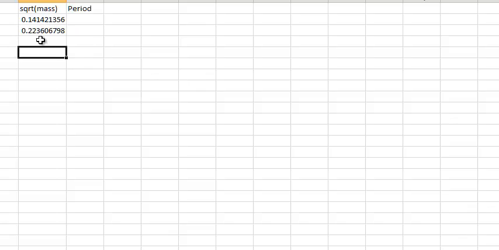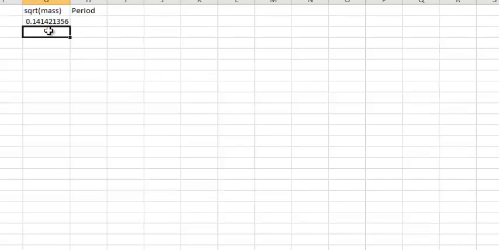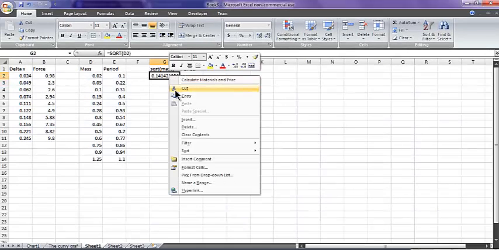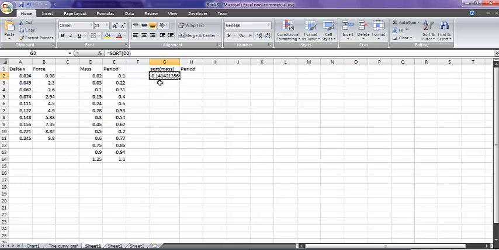So it knew what I wanted. I mean, I actually told it what I wanted, but it was able to figure that out. So really what I could have done, I'm going to delete this. What I could have done is click here and then right-click to copy. And then said, I want you to copy that to this entire row.